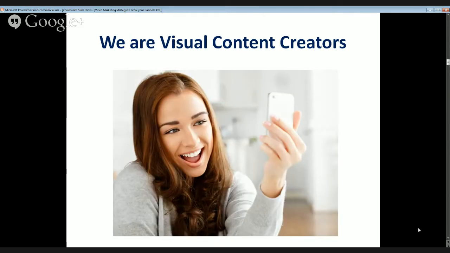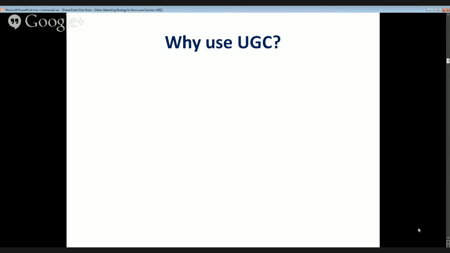And of course, we are very much visual content creators. You do have a smartphone in your pocket that you use, and people are becoming more comfortable about taking a video rather than a photograph, and they'll be using their video capabilities to create videos for user-generated content. So the big question is, why use UGC?